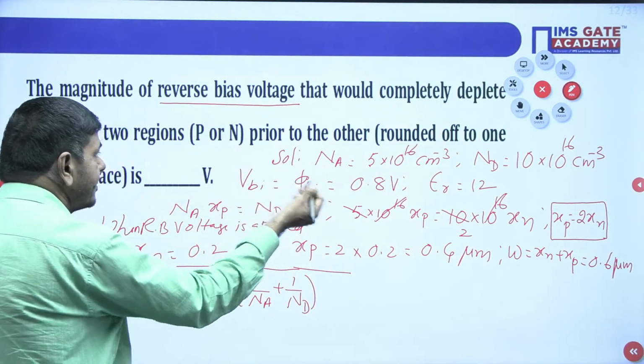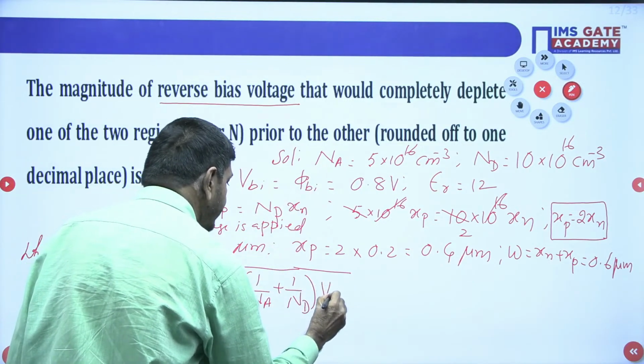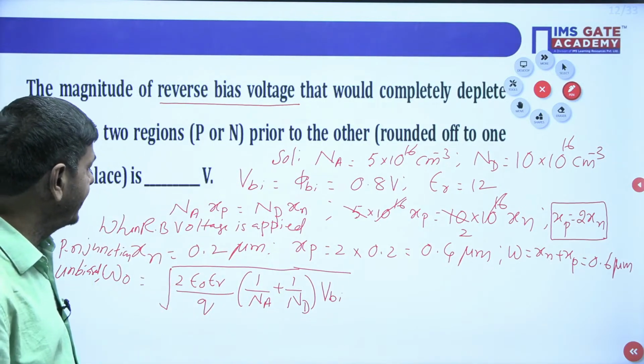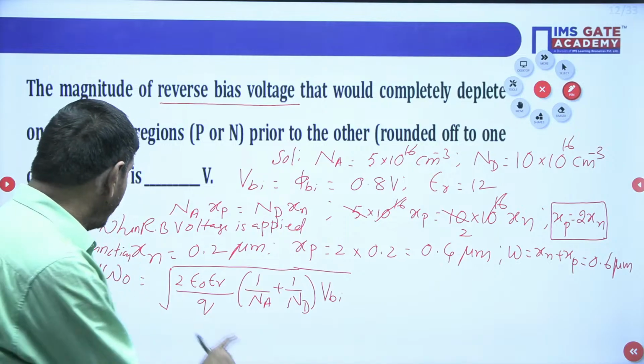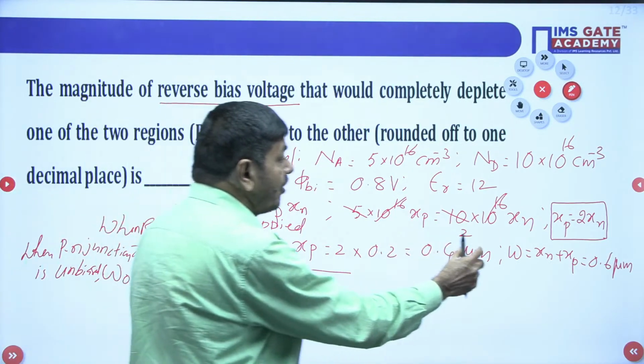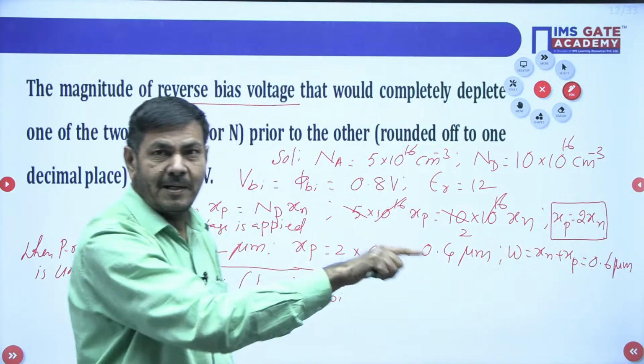VBI, or otherwise phi BI, we can put. That formula is for unbiased, which I call W naught. But the W we got earlier was for the biased case only.